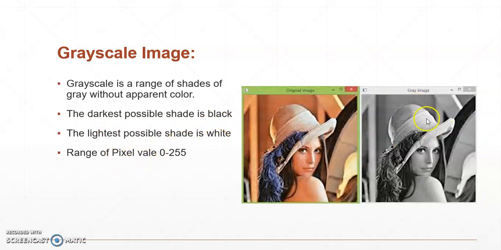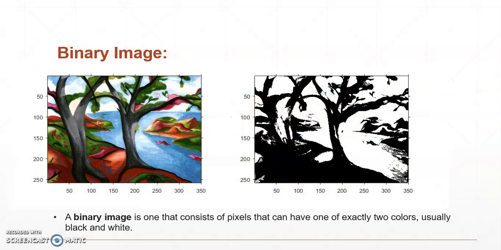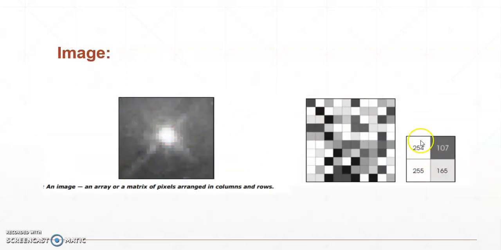So the range of the pixel values represented in an image is 0 to 255. That means one pixel value represents a number ranging from 0 to 255. So 0 represents the black color, and 255 represents the white color. Any value in between represents its shade.